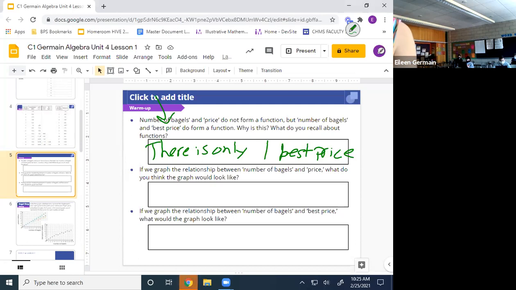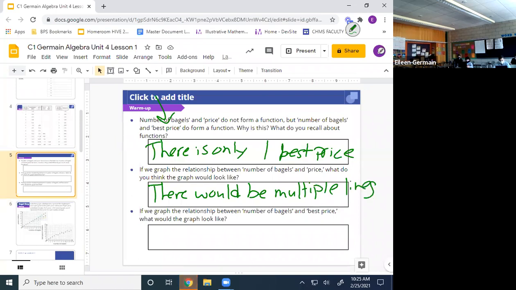If we graph the relationship between the number of bagels and price, what do we think the graph would look like? There'd be multiple lines, exactly. Because it sort of branches off depending on how many or what price you use as that base price. Good. Now, last one.